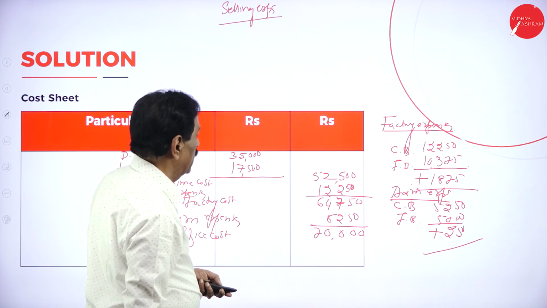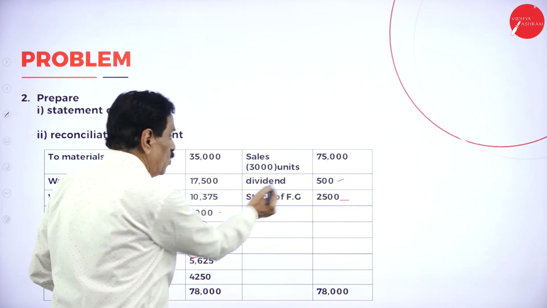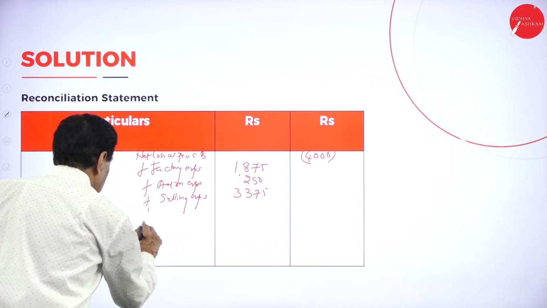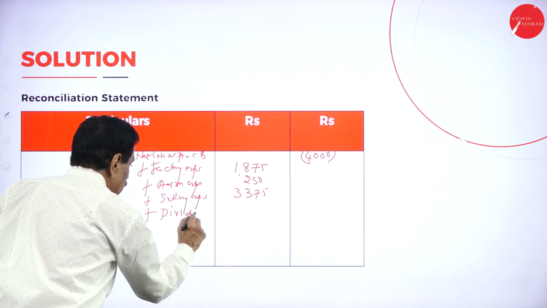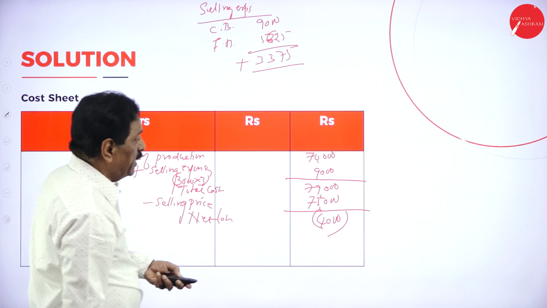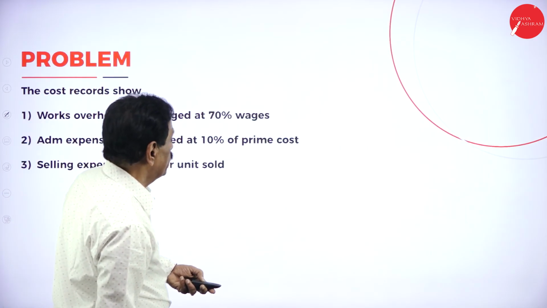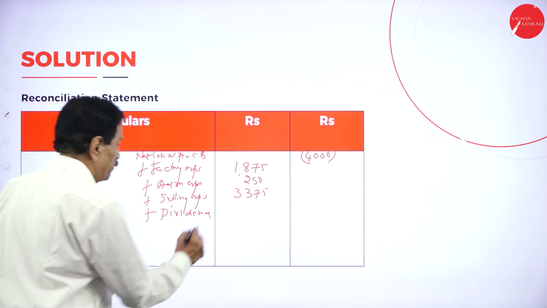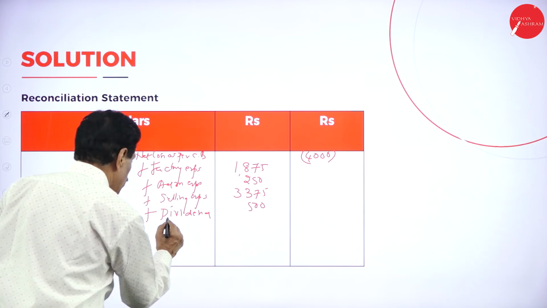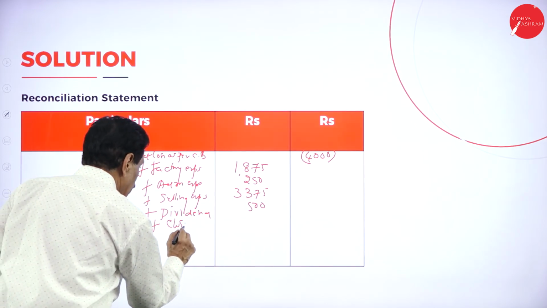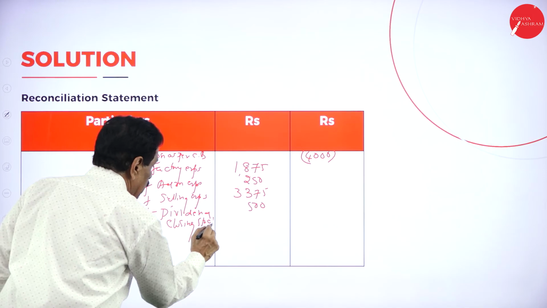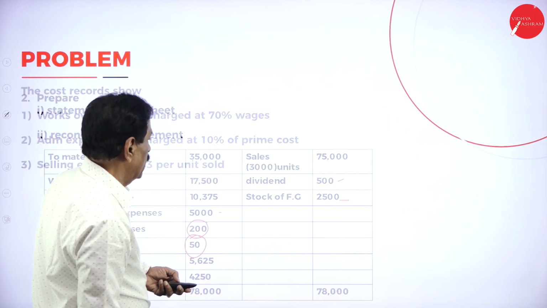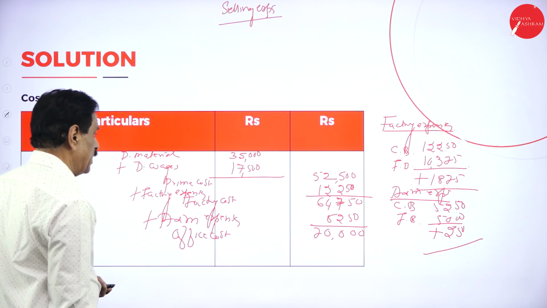Then here, you got a dividend. How much dividend is there? 500. Closing stock. Your closing stock is 2,500.